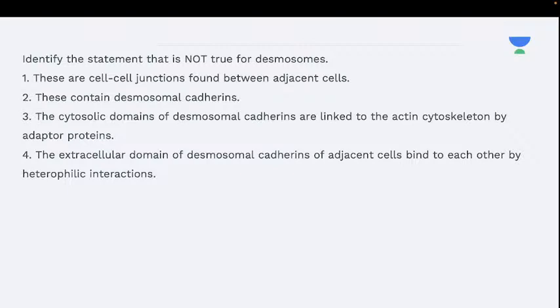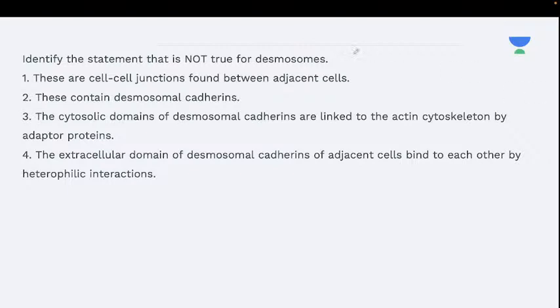Identify the statement that isn't true for desmosomes. Not true.